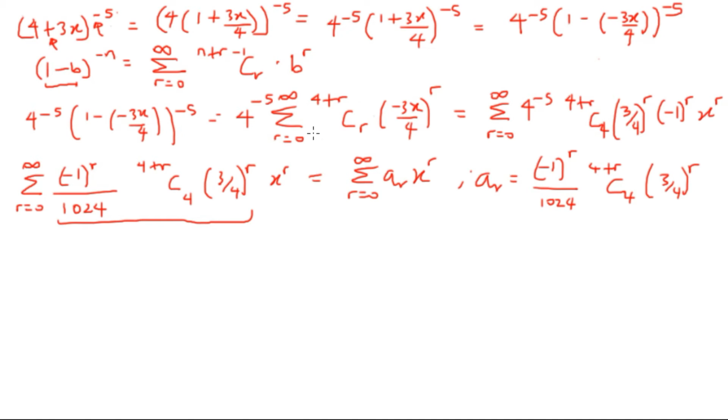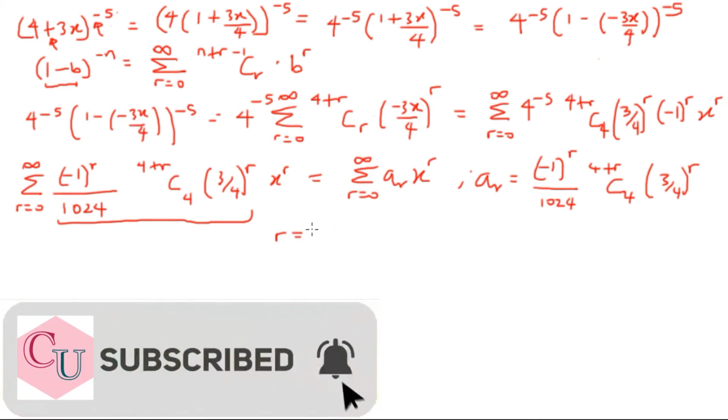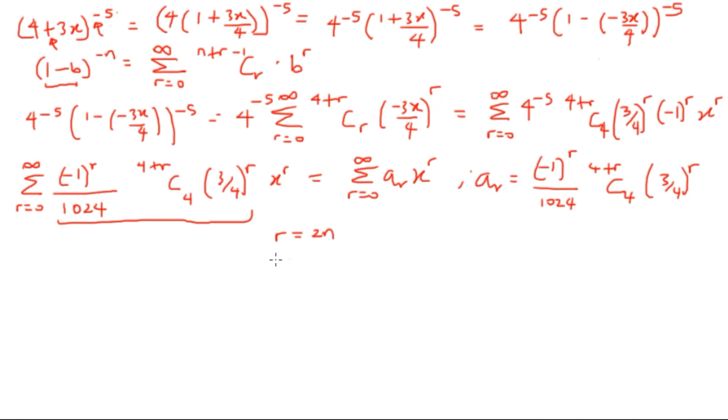Okay, so one of the ways to track out only the positive coefficient is to consider r as 2n for positive coefficient, and then r is equal to 2n plus 1 for negative coefficient. You understand? These 2n and 2n plus 1 are just general formulas, this one to express even numbers, and this one to express odd numbers.